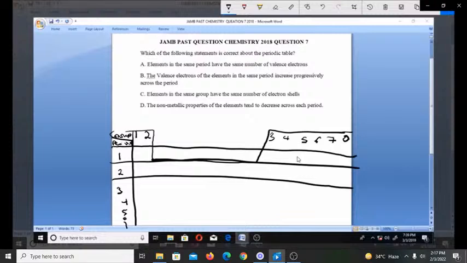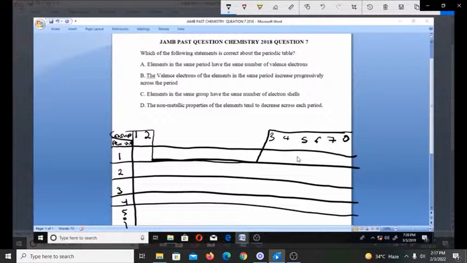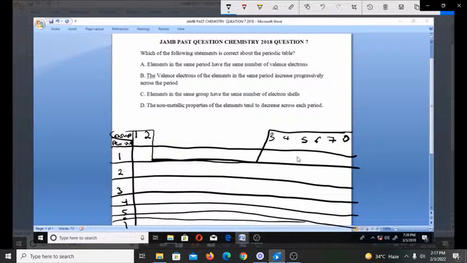Now in this periodic table, you have the arrangement of elements according to their atomic numbers. So that here we have hydrogen, so this is how the periodic table looks. This is a rough sketch of what the periodic table is.